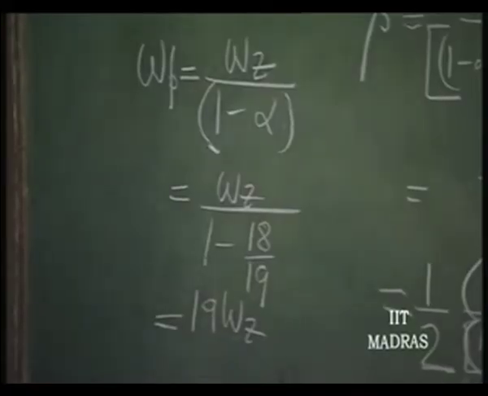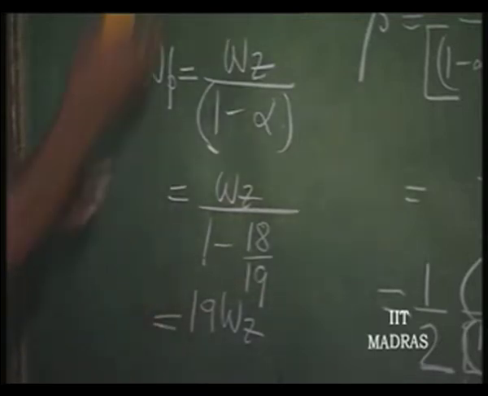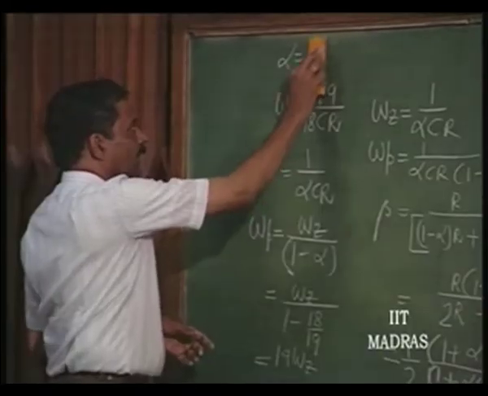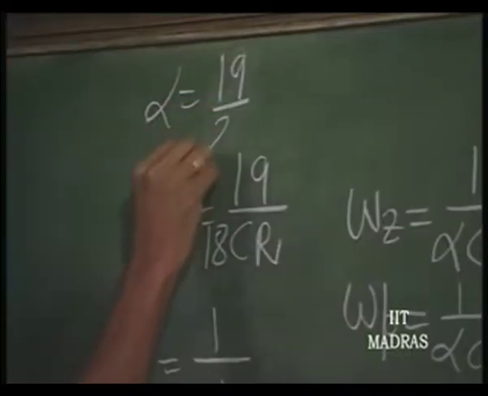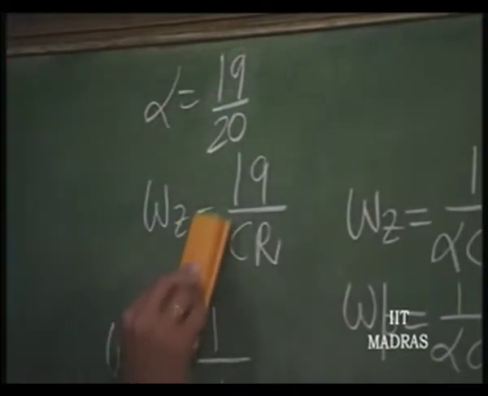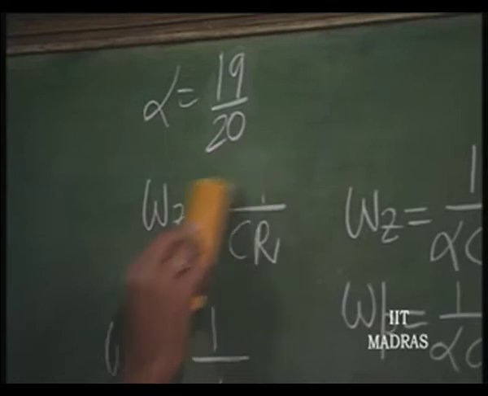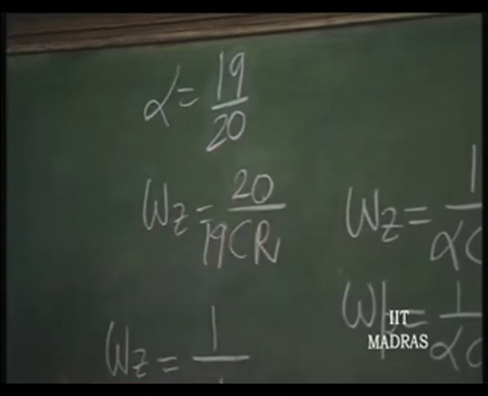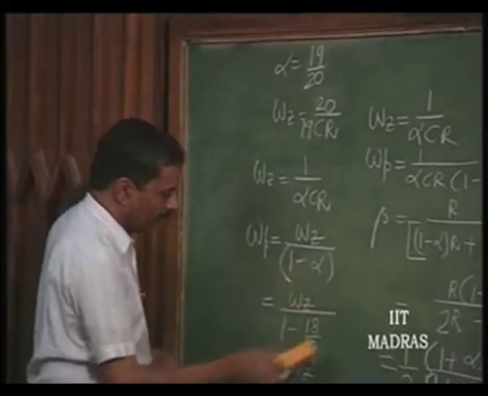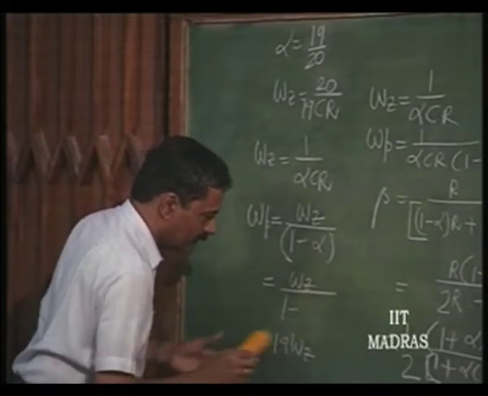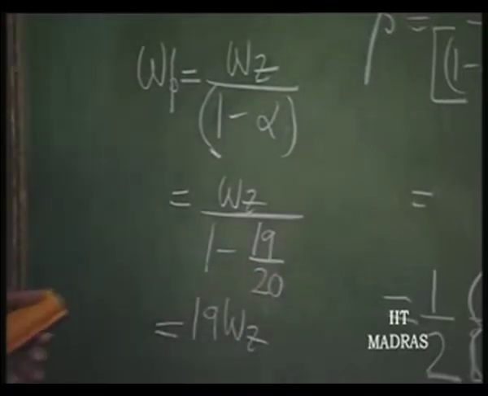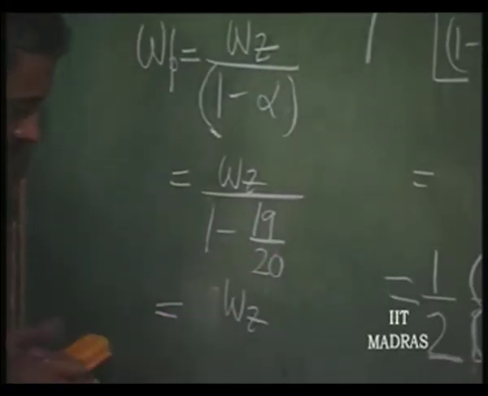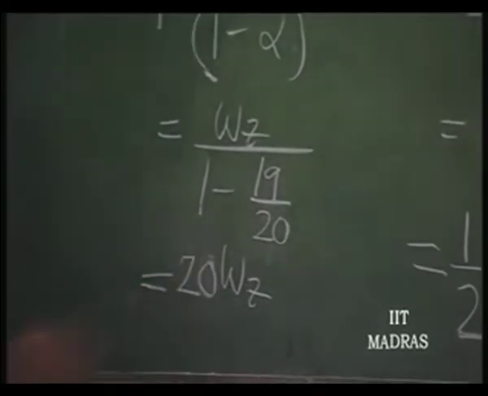Okay. So, if you select, for example, alpha as 19 by 20, this is very nearly 1 again, and the pole will be at 20 times omega z.